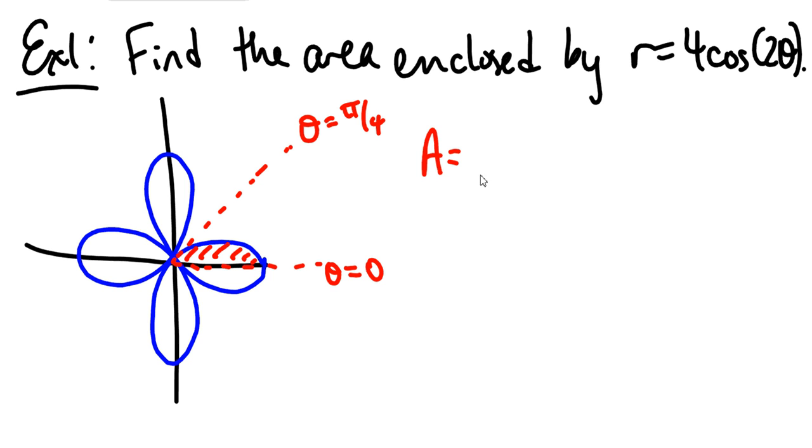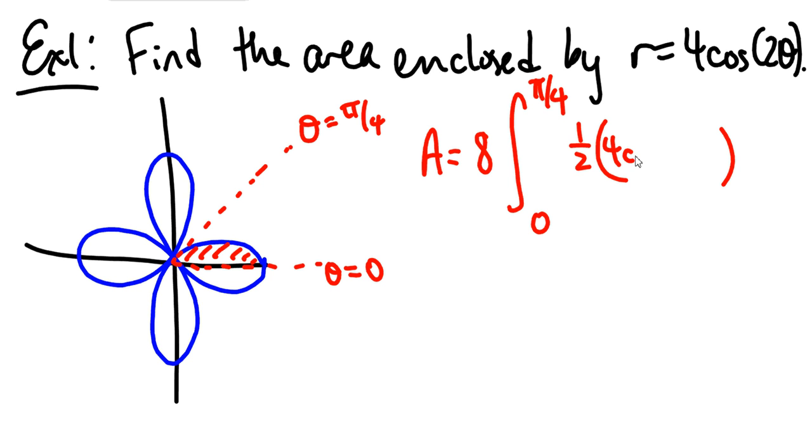So the area is 8 times the area of this part of this leaf. And that runs from 0 to pi over 4, and it's 1/2 r squared d theta. And if we can do that, we win. So 4 squared is 16, times 1/2 is 8, times 8 more is 64.